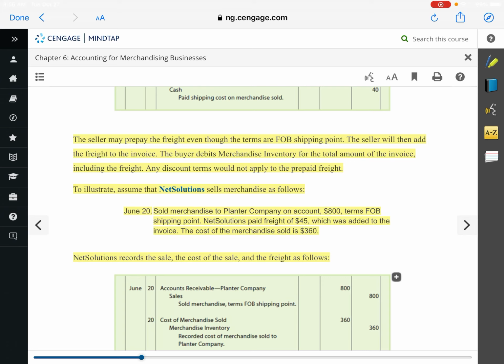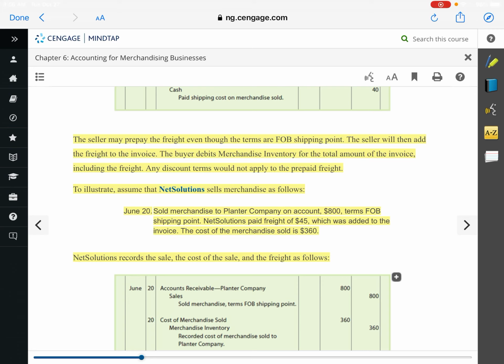And then the customer is paying for the freight. They're paying us back, so that's included in the overall amount that they owe us. The total amount that they're going to pay us is $845.